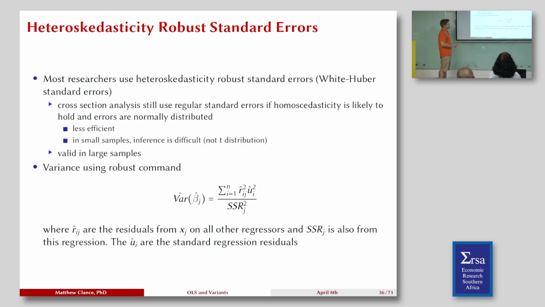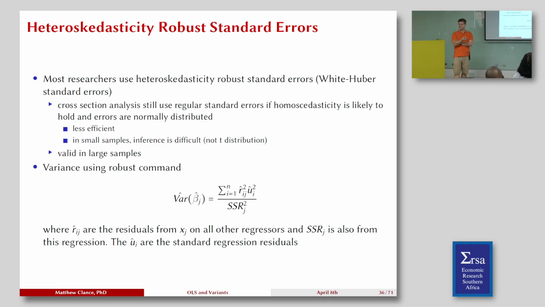But before we get to that, just to give you an idea of what you are doing when you run robust standard errors. Most researchers used to Stata are used to typing comma r, robust standard errors. What it's doing is this: if you have a cross-section and it is actually homoscedastic errors, and you run robust, technically you now have a less efficient estimator.